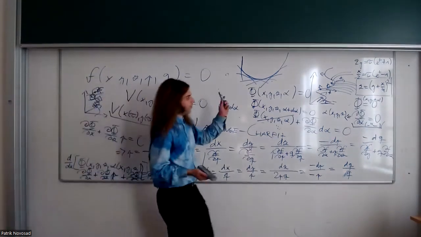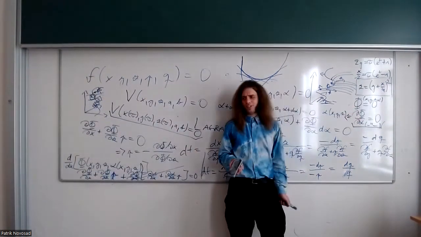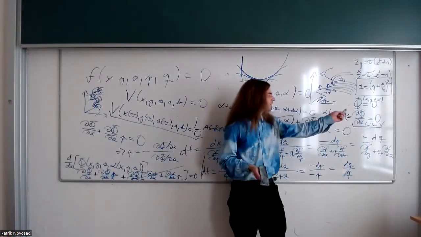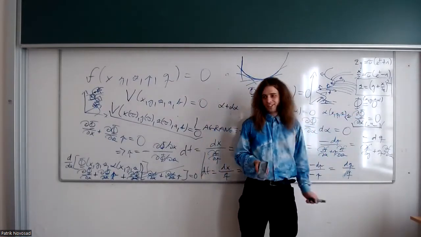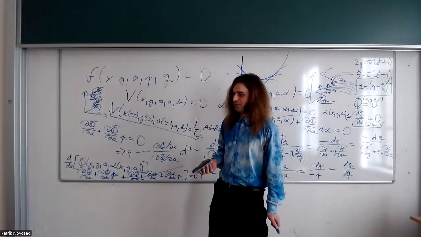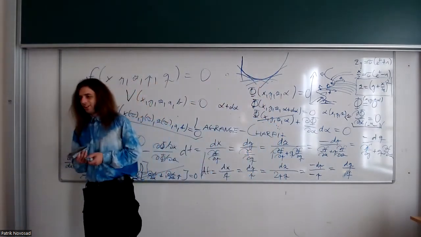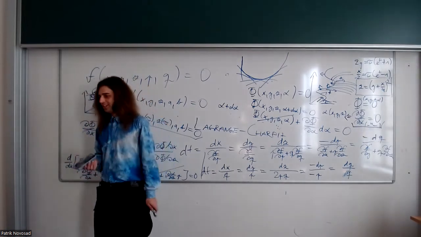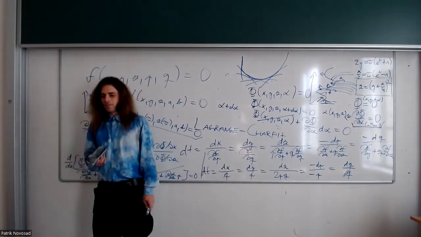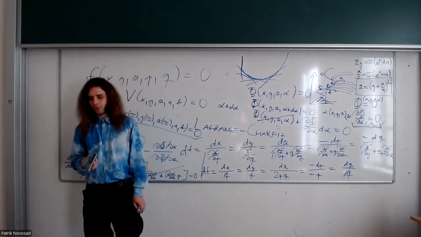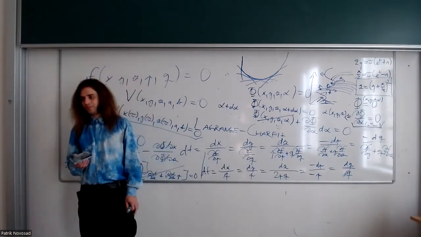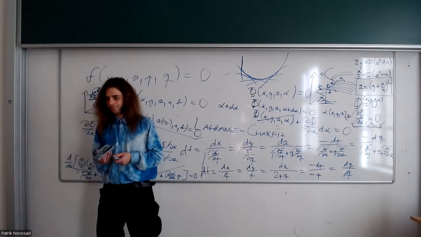So once we have this method for determining the envelope, of course, this can fail, as I already mentioned on the example of the concentric spheres. If I have some general family of surfaces, it may happen that the envelope does not exist, but most of the time it does.